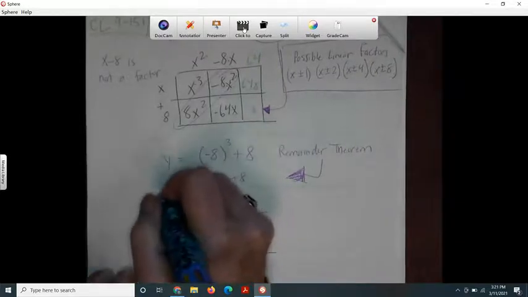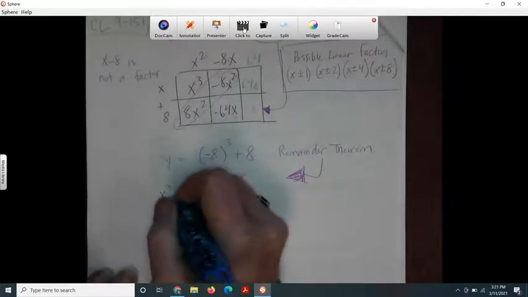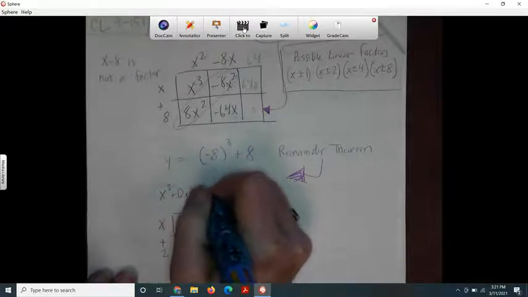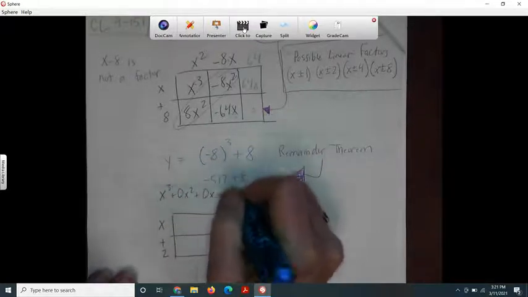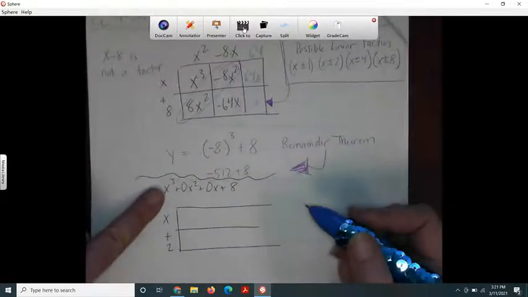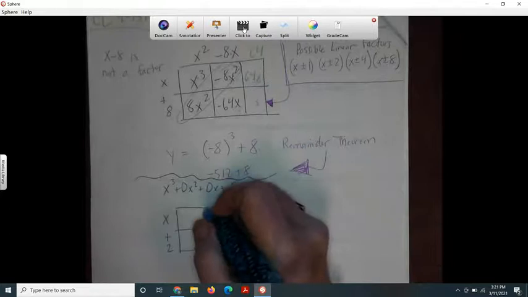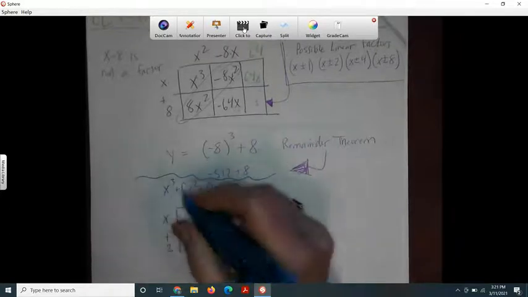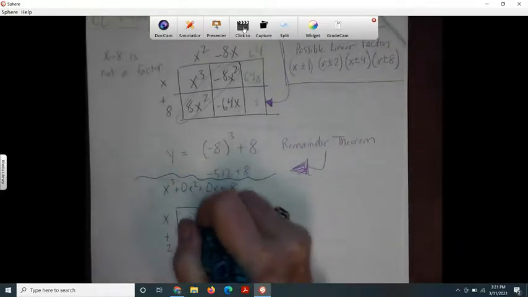That's what I'm trying to divide into. So I can put the x cubed here. I'm hoping to get an 8 in here, and it's possible. I've got a 2 here, and I don't know what's going to be up here yet.